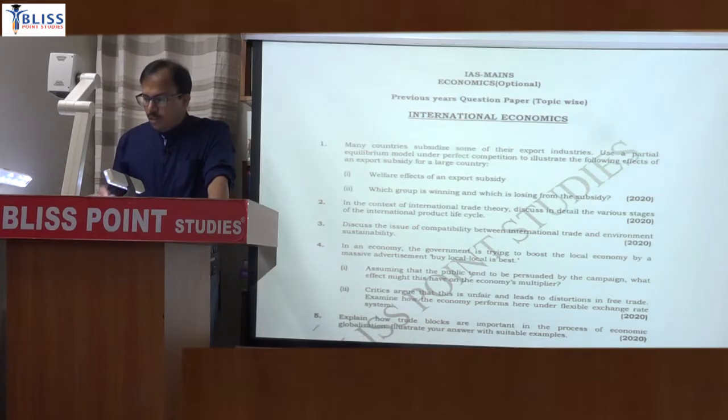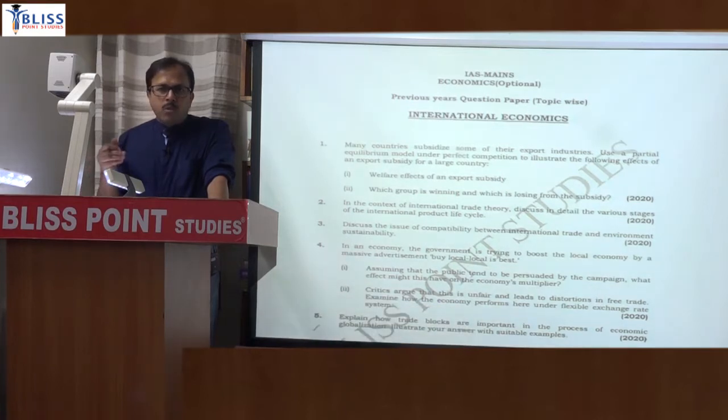and we will be discussing that in this section. Then one question was: in an economy, the government is trying to boost the local economy by a massive advertisement, 'buy local, local is best'. Assuming that the public tends to be persuaded by the campaign, what effect might this have on the economy's multiplier? So how will the multiplier be affected? You can say this question is basically applied in nature.